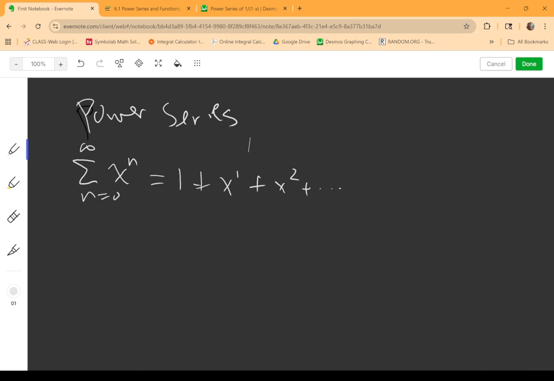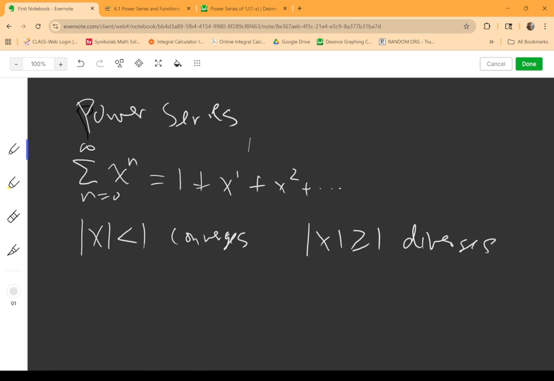So this power series here, a more basic one, you can think of it like a geometric series, where for the absolute value of x less than 1, it converges, and for the absolute value of x greater than or equal to 1, it diverges. But not only that, we know what the actual sum of this series is.